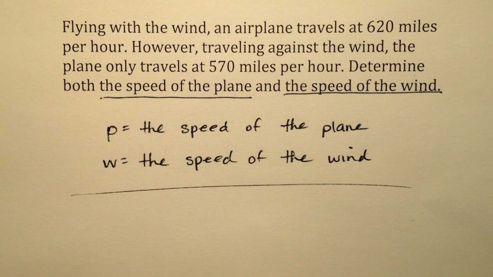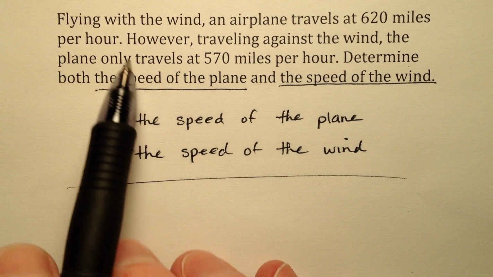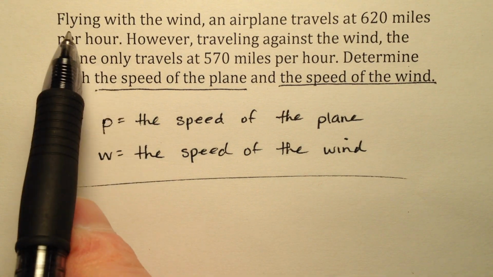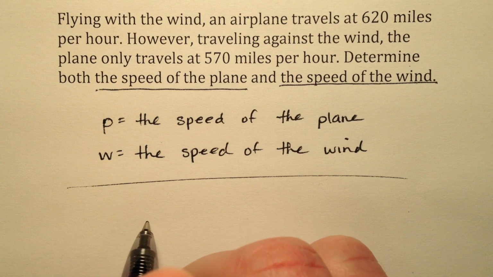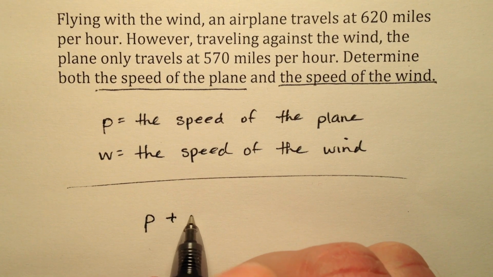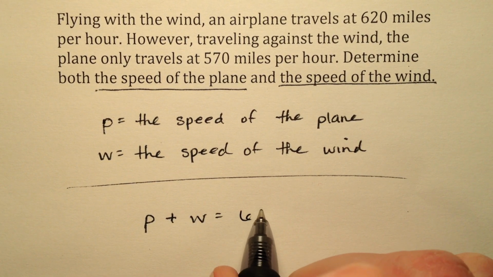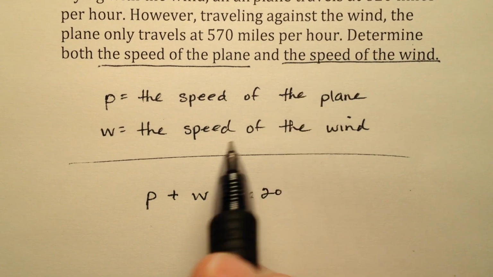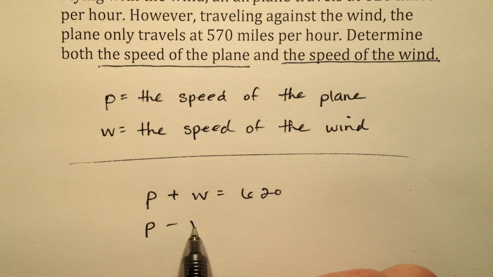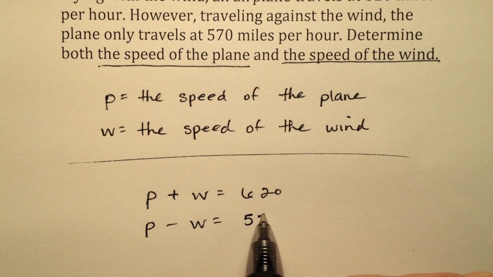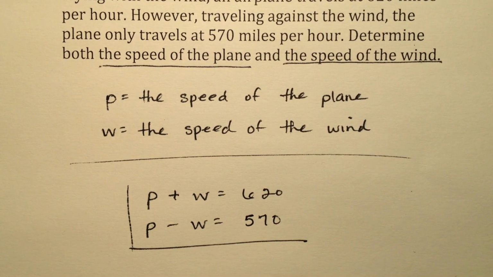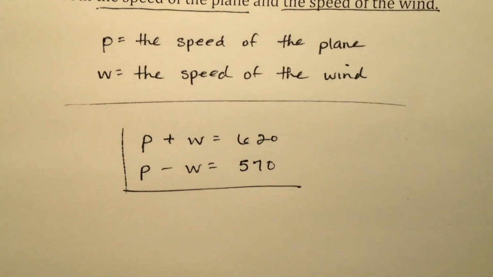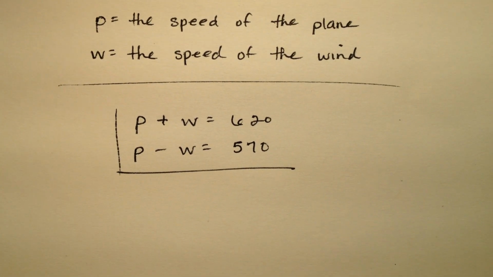So we have our variable definition, and we've discussed a little bit already the relationships here. When you're flying with the wind, the speed of the plane plus the speed of the wind is going to be this 620. And when we're flying against, it's the plane minus the wind, and that's going to equal 570 miles per hour. So I have this nice system.